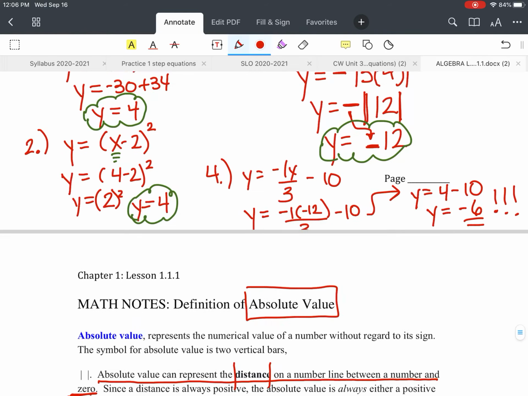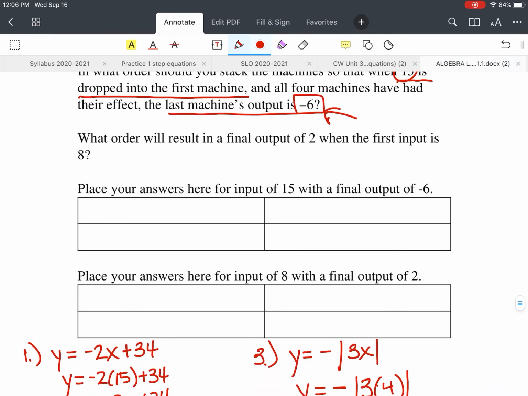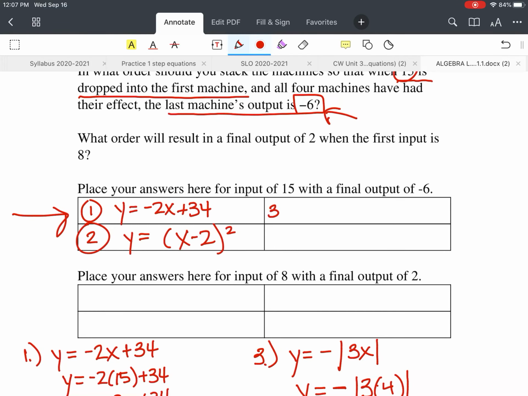We did it. So the order that I want you to write in this space right here: the very first one we did was y equals negative 2x plus 34. The second one we did, which is right here, y equals, and if you guys remember, we did x minus 2 squared.